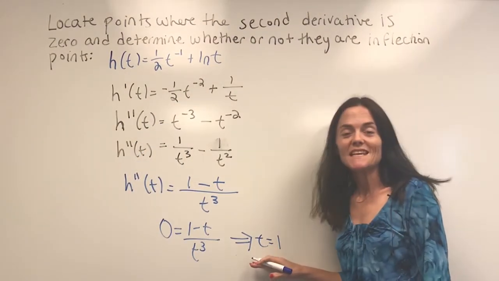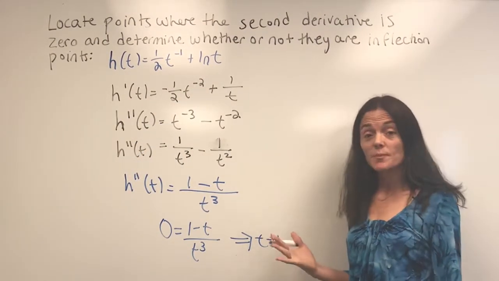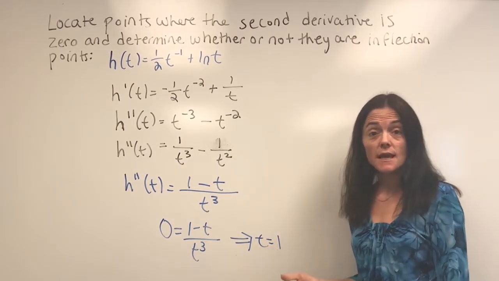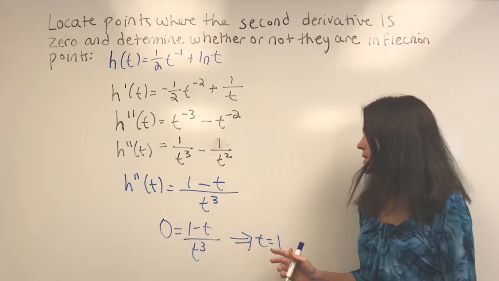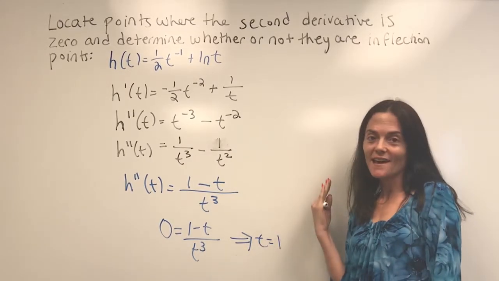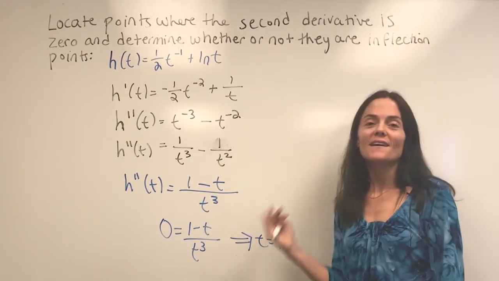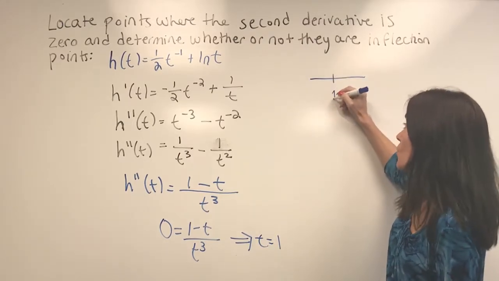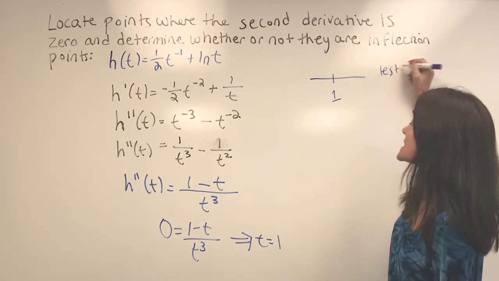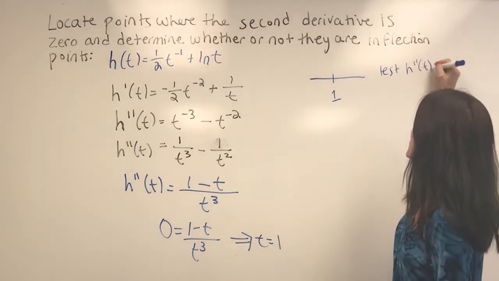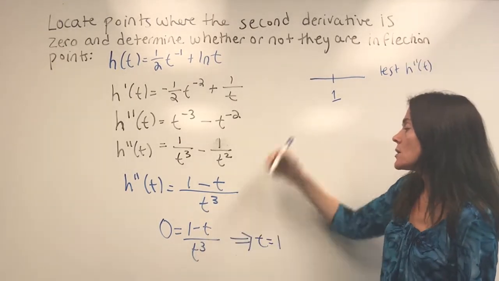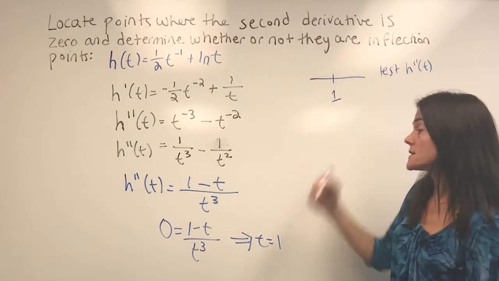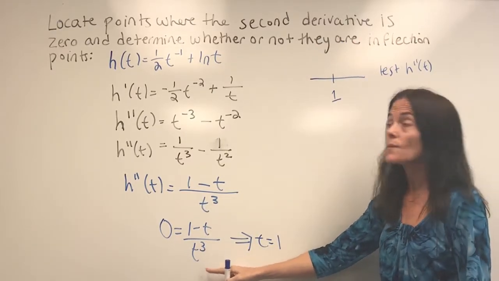To determine if t equals 1 is an inflection point, we need to make sure that the sign of the second derivative switches, so that it either goes from concave up to concave down or from concave down to concave up. And so you put 1, and then we want to test the second derivative. Let's pick some positive numbers so that the denominator will always be positive.